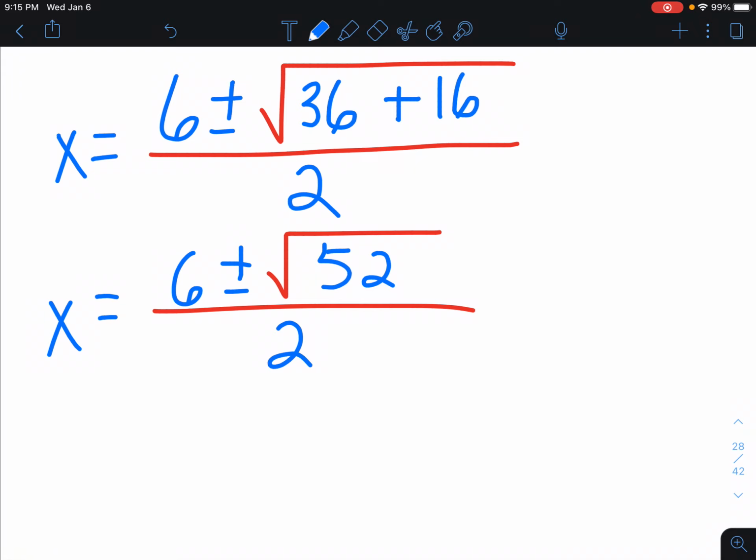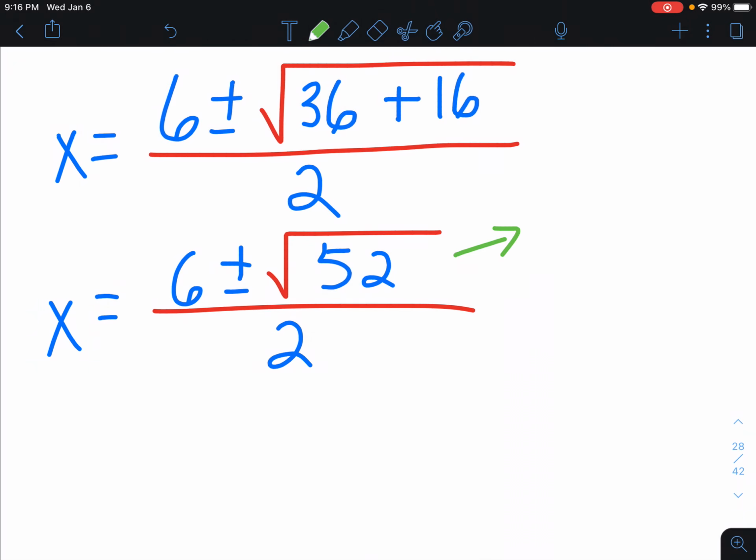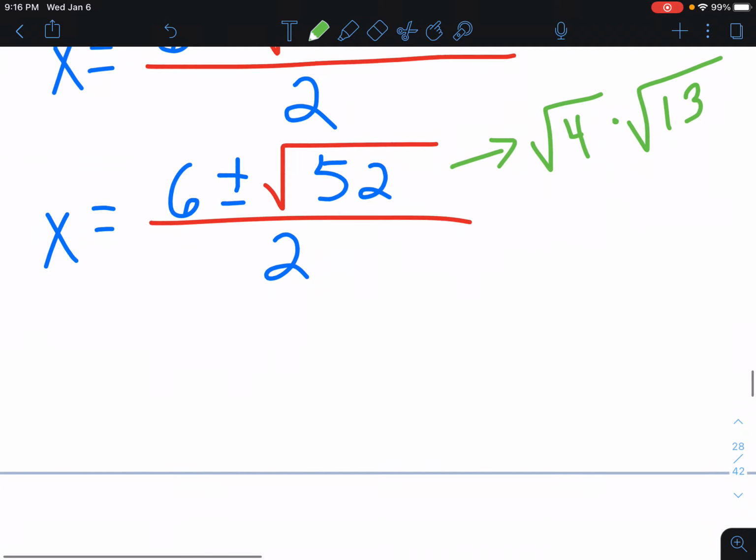The square root of 52 can be broken down as the square root of 4, or 4 is a perfect square that multiplies into 52, and it multiplies in 13 times. Pretty much what the operation you do in your head is 52 divided by 4 is 13.